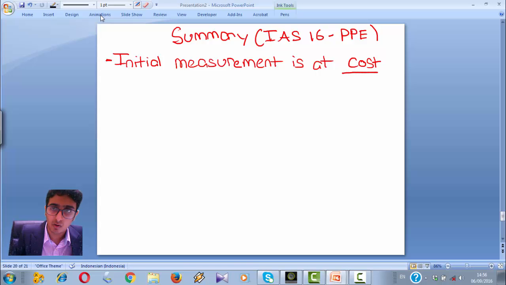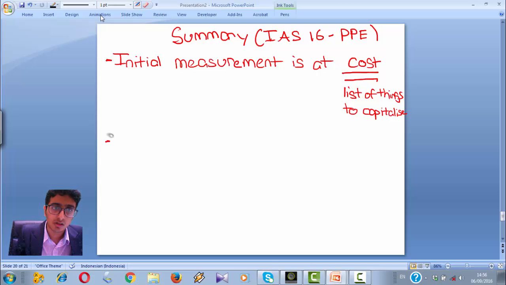Remember what is included as part of the cost; please look at the list of things to capitalize.